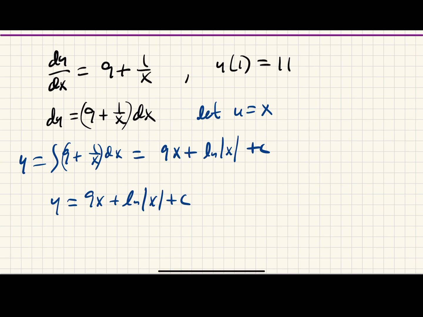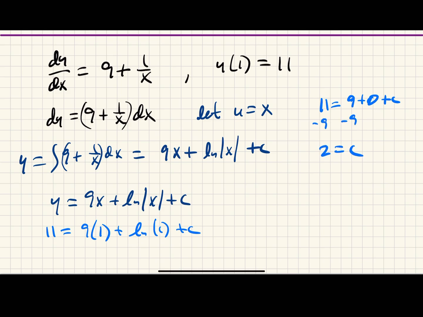I could say, okay, 11 is equal to 9 times 1 plus the natural log of 1 plus c. And the natural log of 1 is 0, right? And 9 times 1 is 9. So what I have here is 11 equals 9 plus 0 plus c. Okay, so now if I subtract 9 from both sides, I have c equal to 2.